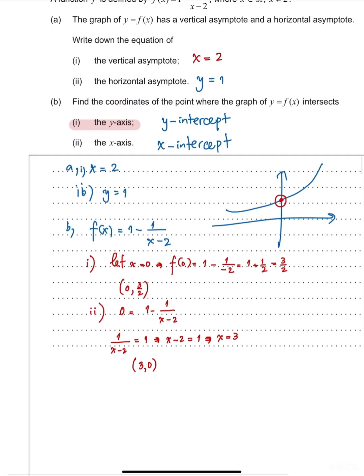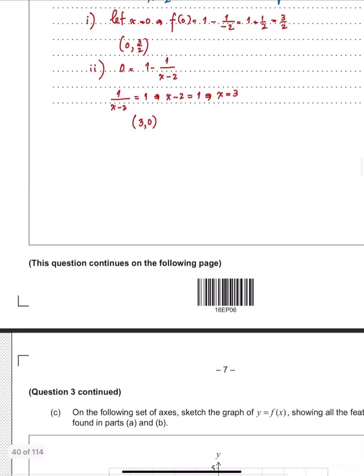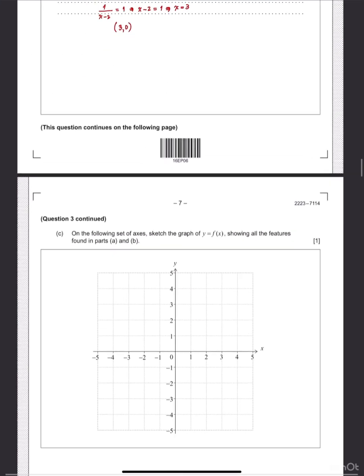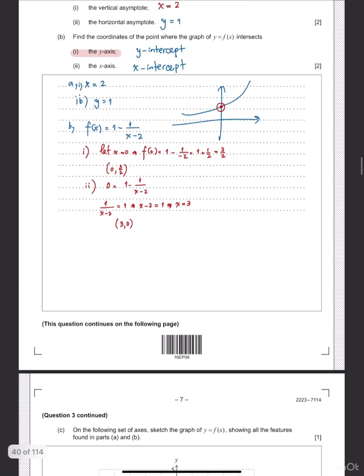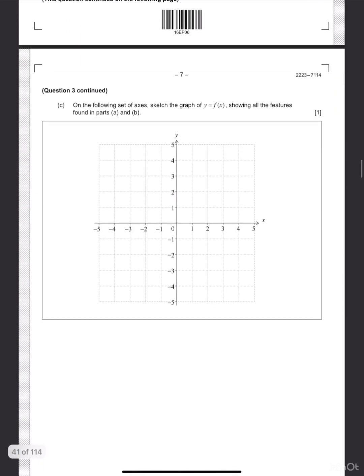Okay, that's all. Now, on the following set of axes, sketch y equals f of x, showing all the features found in parts A and B. Part A gave x equals 2 and y equals 1.